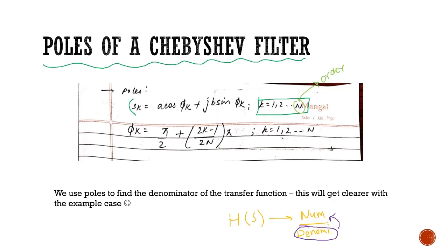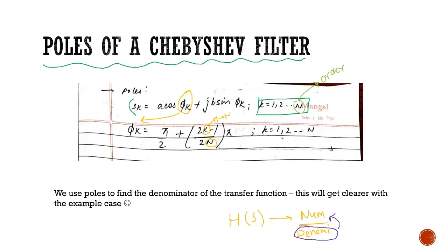If it's 3, 1, 2, 3. If 4, 1, 2, 3, 4. And in those many cases we have to find S1, S2, S3, S4, phi 1, phi 2, phi 3, phi 4, and so on. Phi is given to us by pi by 2 plus (2k minus 1) by 2n times pi, where n is again the order of the filter and k goes from 1 to n.